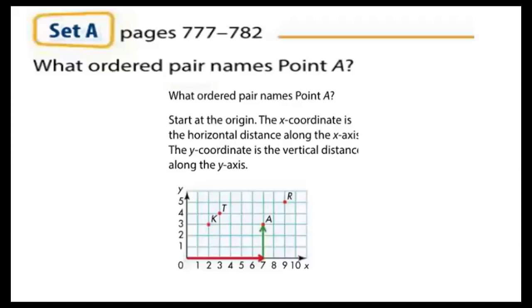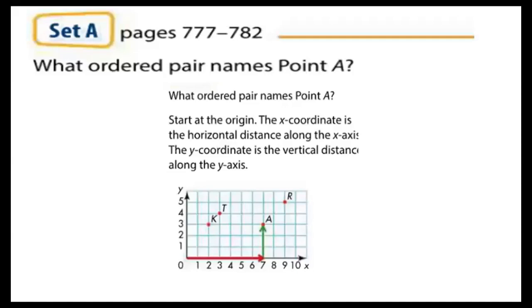As you see in the graph, we have two arrows. The red one moves along the x-axis, and the green one moves along the y-axis.